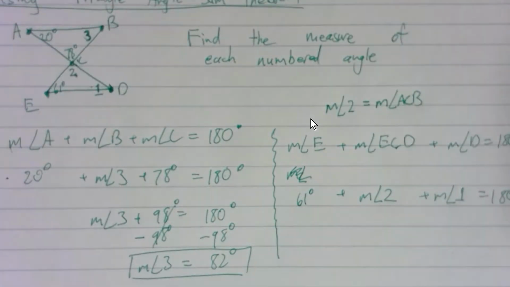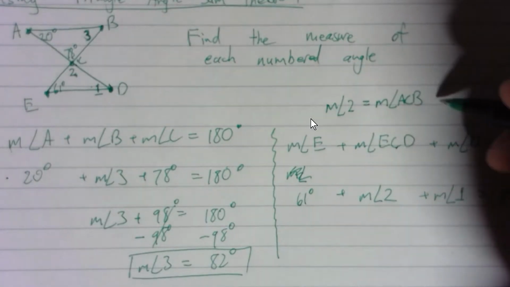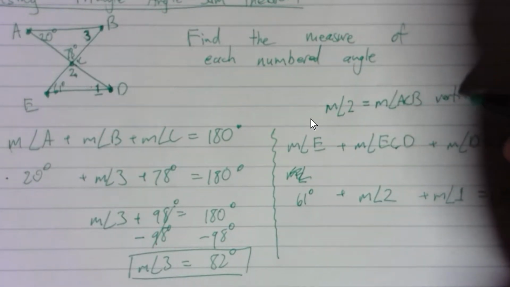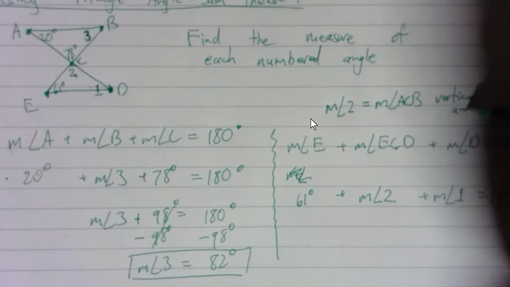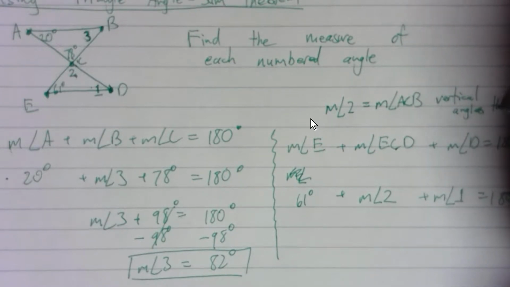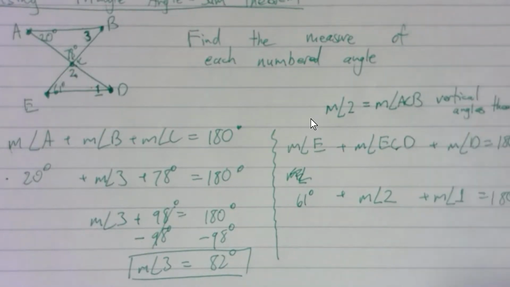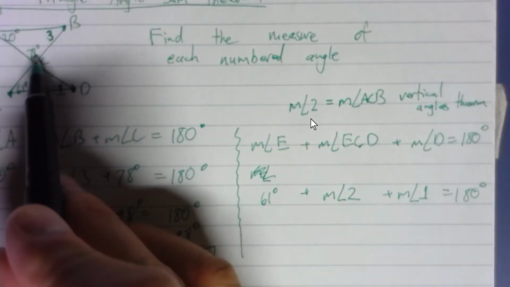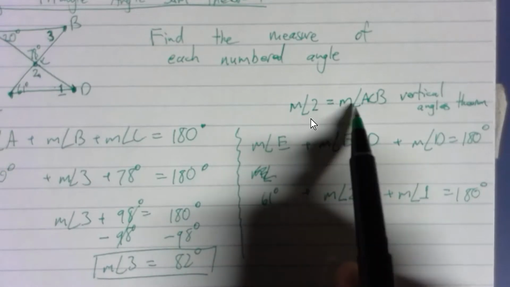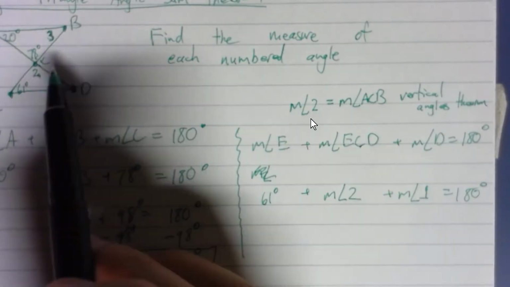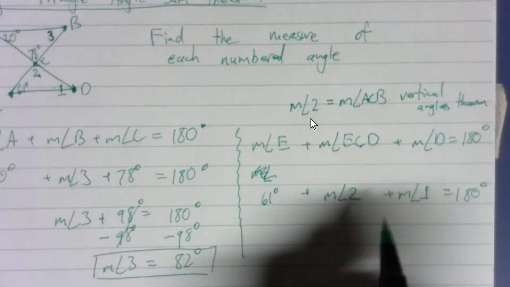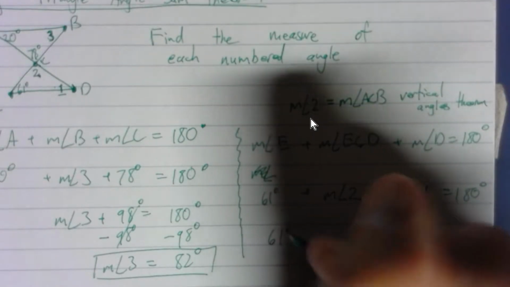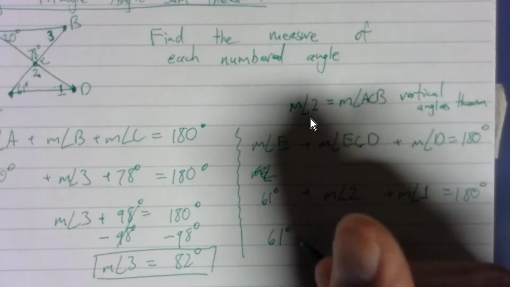You don't have to write this, but it really helps to say why, because this is the vertical angles theorem. Okay, and knowing that ACB is equal to 78 degrees, and the measure of angle ACB is equal to the measure of angle 2, we're going to put in place of that, let's rewrite this one more time, that that's equal to 78 degrees.